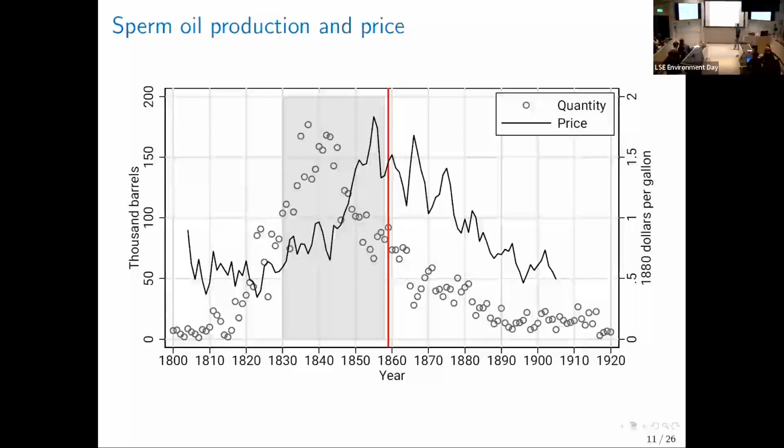So it's called the first oil crisis in human history before the 20th century. The red vertical line is the year of petroleum discovery in Pennsylvania. As petroleum substituted oils from whales, the price of sperm oil started to decline.